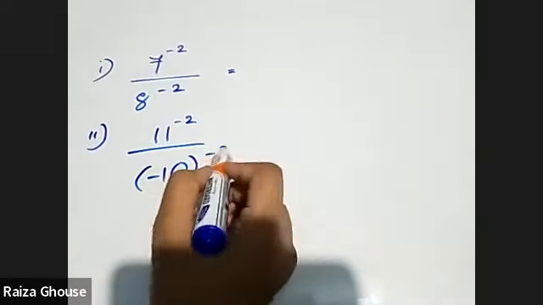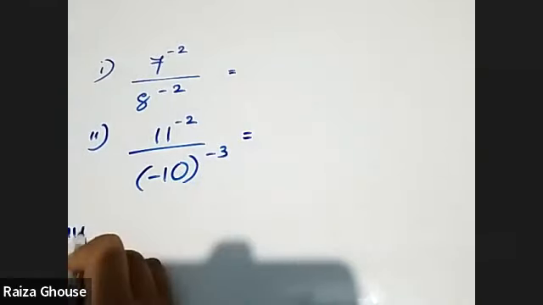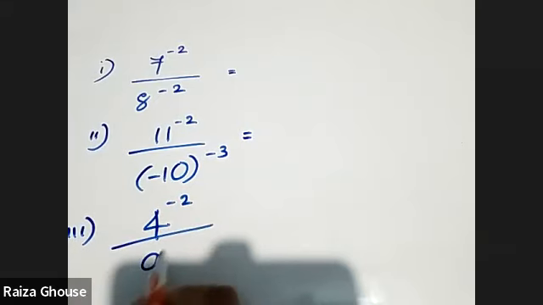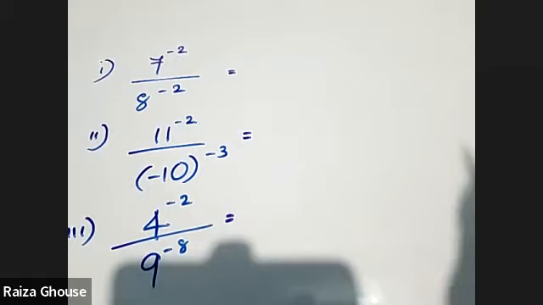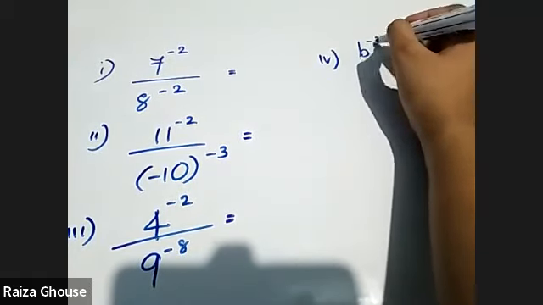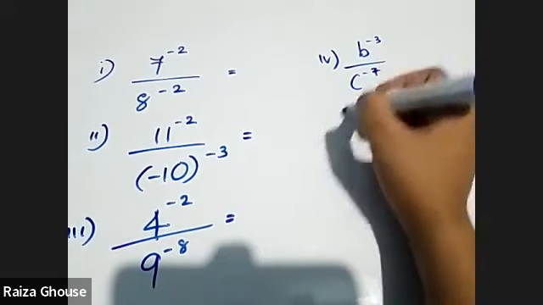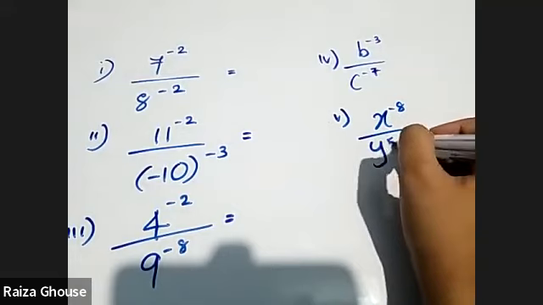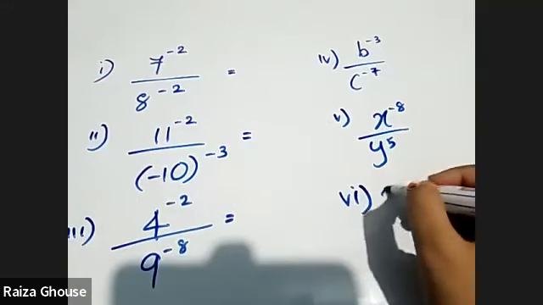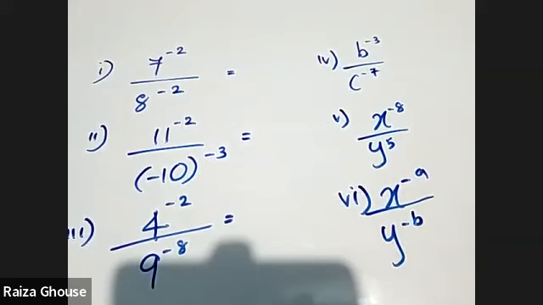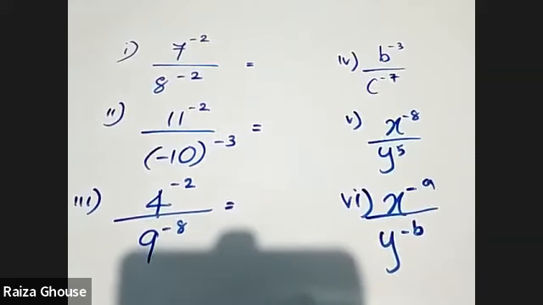Use your knowledge and do it. The fraction should be positive. That's all I want. All are negative here. I want the fraction to be positive. That's all I'm repeating again. Right. We'll see how many of you are going to get all correct.